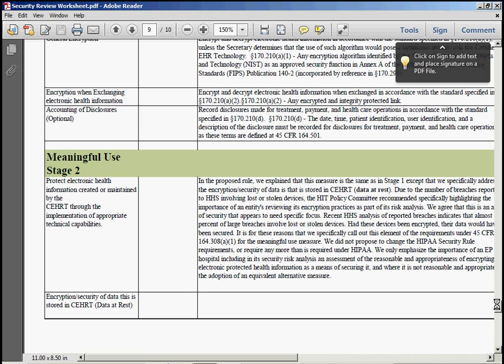Whereas if it had been encrypted, then at the very least they could say that the data was encrypted and that the criminal would have to de-encrypt it, which is much less likely to happen. So this meaningful use stage 2 requirement, as far as encrypting data at rest, is now a requirement that HIPAA does not require.